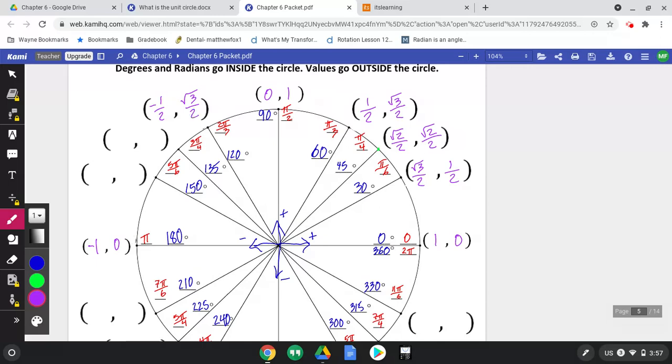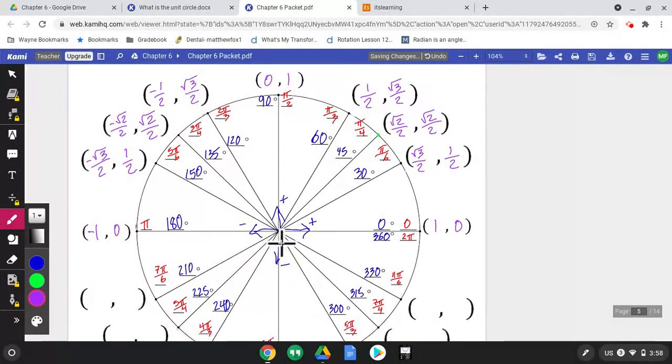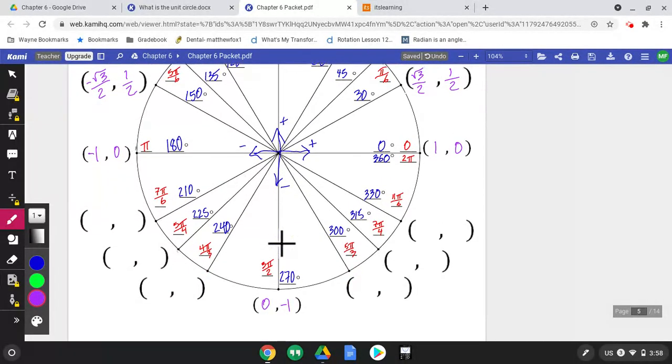The y's will stay exactly the same, because it's still above the x-axis. So we fill those in. The only difference is our x becomes negative. Okay, now quadrant 3 down here, this time both of them will become negative, because we are left and down.